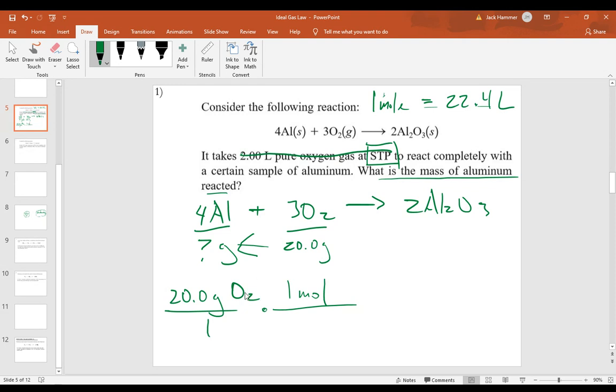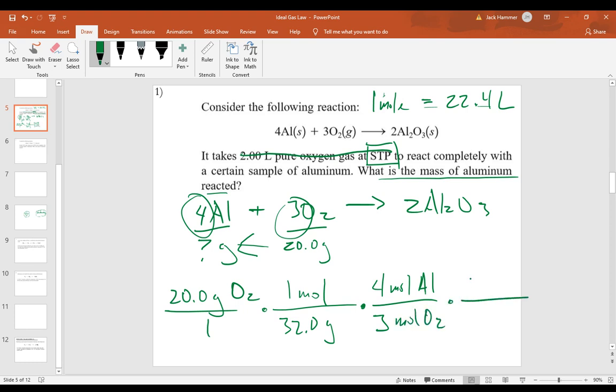And what's the molar mass of oxygen? That's 2 times 16, which is 32 grams. And then you would have to use the mole ratio. This is where we need the mole ratio with the aluminum. It's a 4-to-3 ratio, so that'd be 4 moles of aluminum over 3 moles of oxygen.